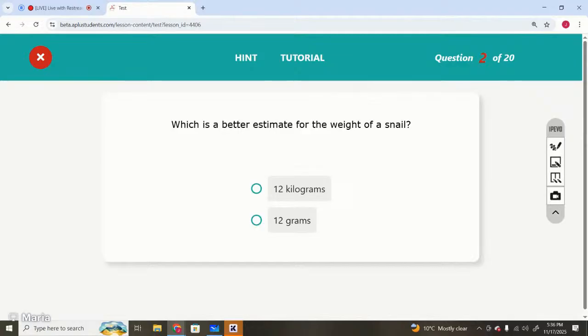Which is a better estimate for the weight of a snail? The weight of the snail would be 12 grams. Option number 2 is the correct option.